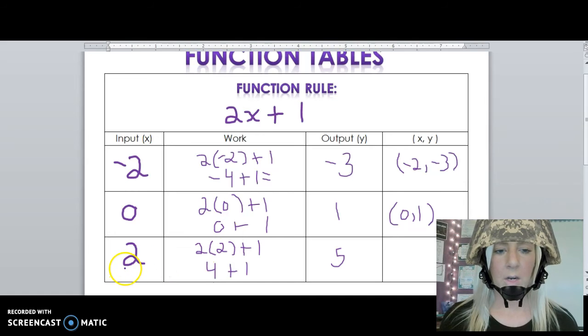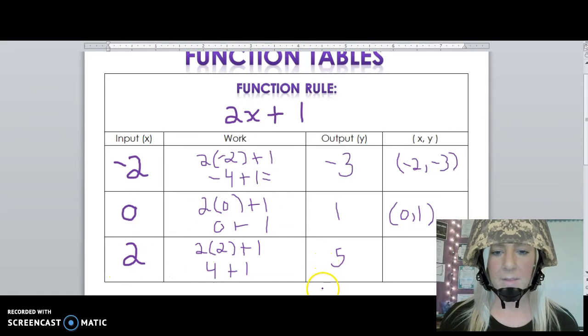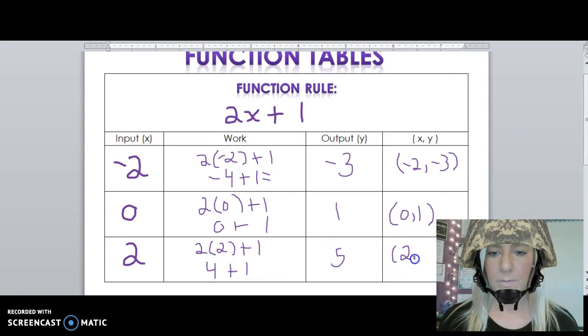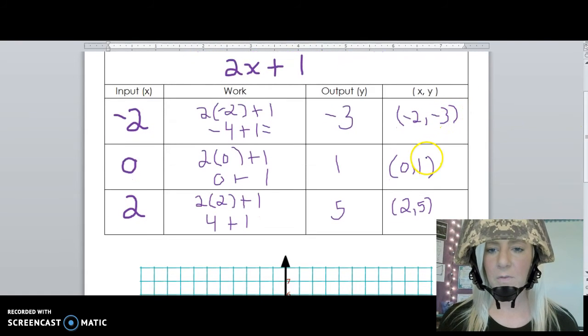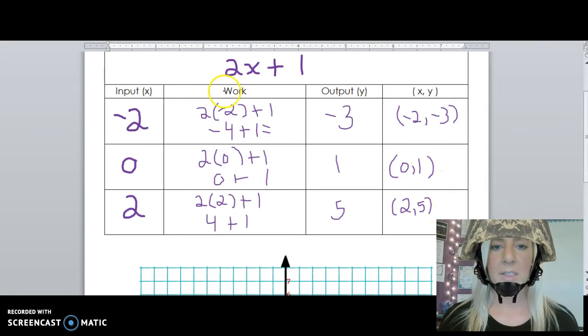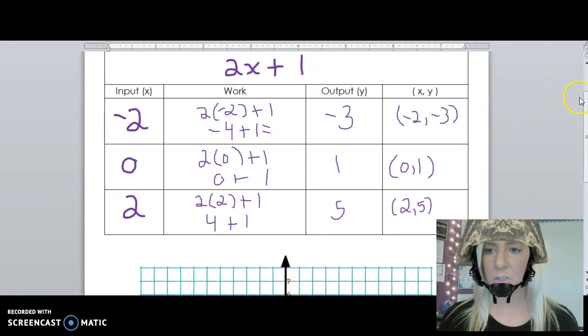So this ordered pair is 2, 5. Now what we're going to do is graph each of these points, and it should form a line, because this is what we call a linear function.